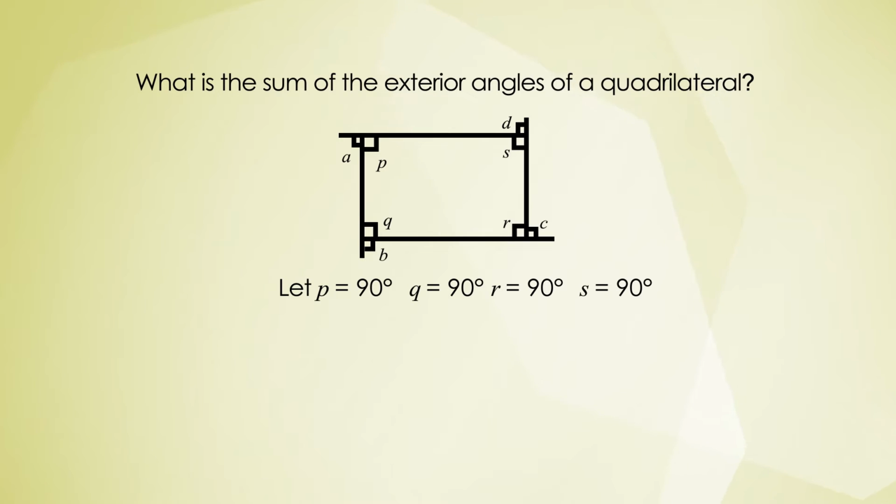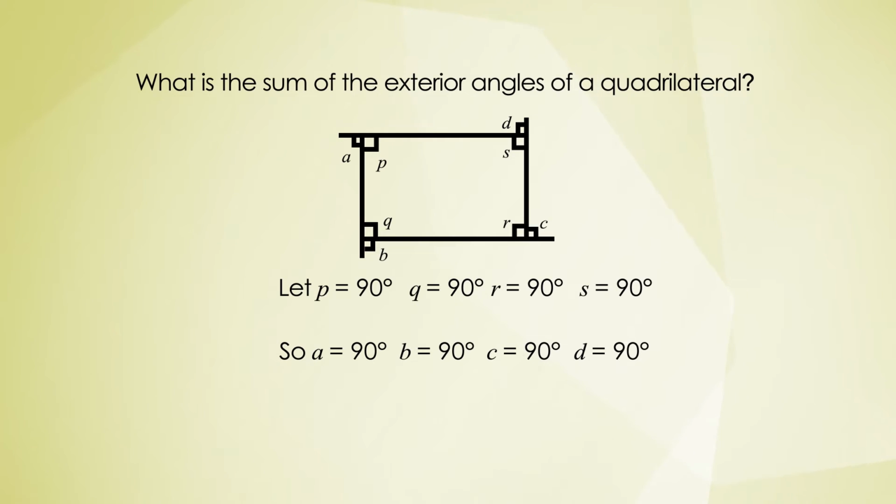Angle A is 180 degrees minus 90 degrees. B is 180 degrees minus 90 degrees. C is 180 degrees minus 90 degrees. And D is 180 degrees minus 90 degrees. And we will get A equals 90 degrees, B equals 90 degrees, C equals 90 degrees, and D equals 90 degrees.